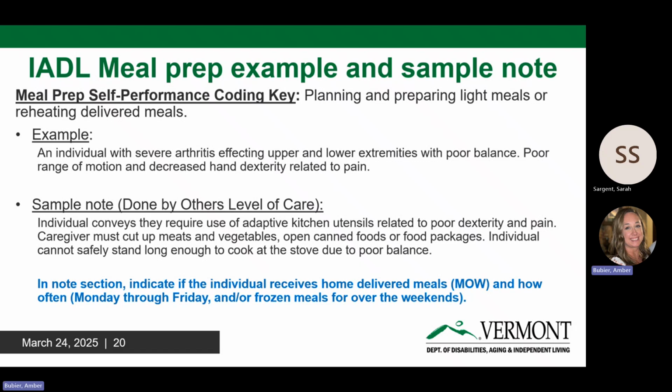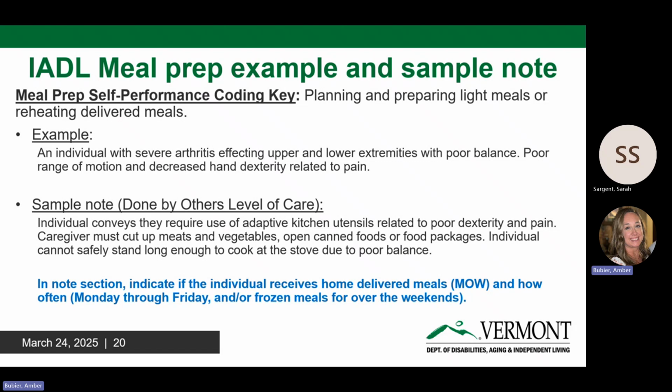Same client example as we've had all along. So with IADLs, our level of care rating, we look at if an individual is independent, if it's done with help, or if it's done by others.